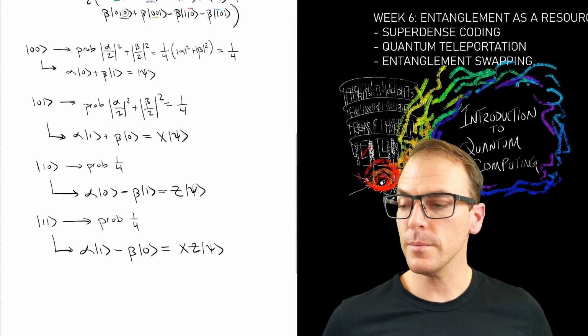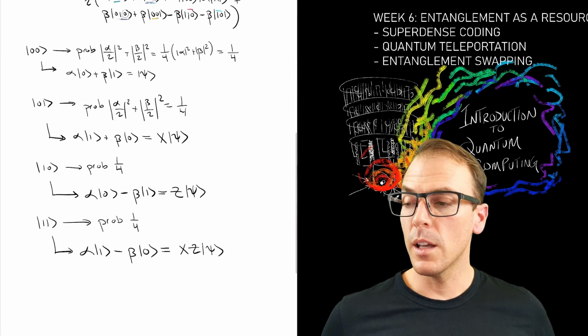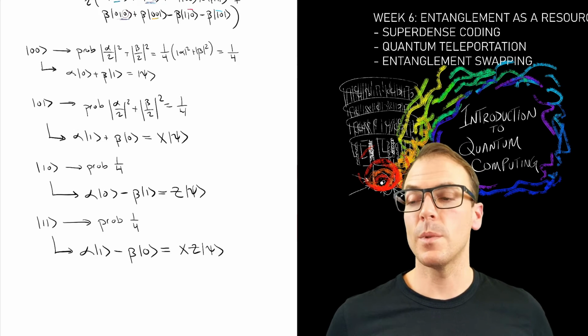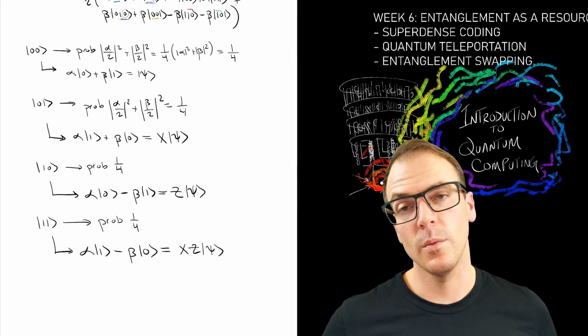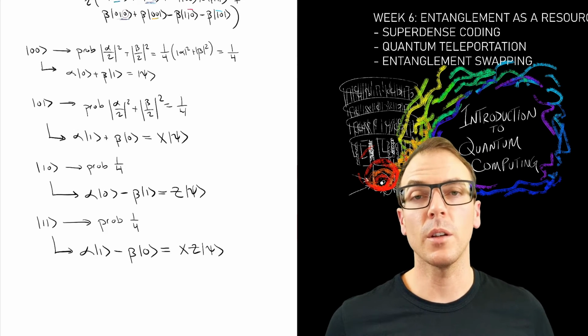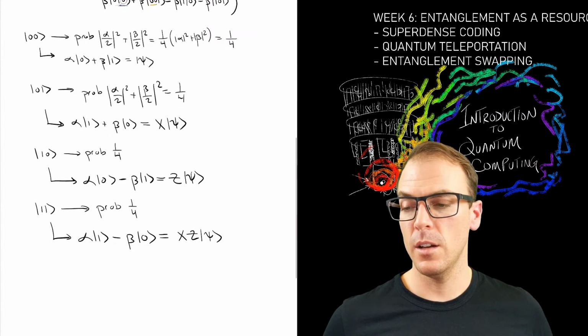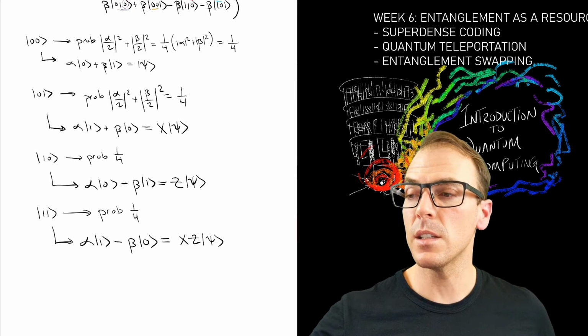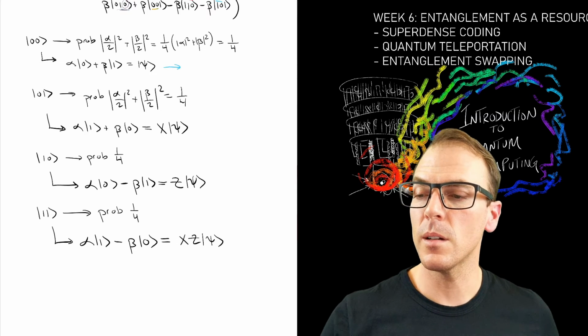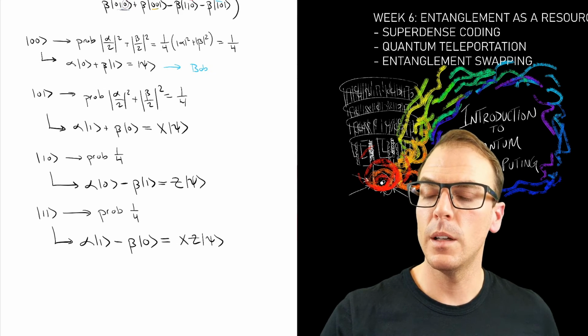Okay. So Alice performs these measurements, and then Bob, if he knew what the outcome was, would know how to get back to psi. So if Alice sees 0, 0, Bob does nothing.